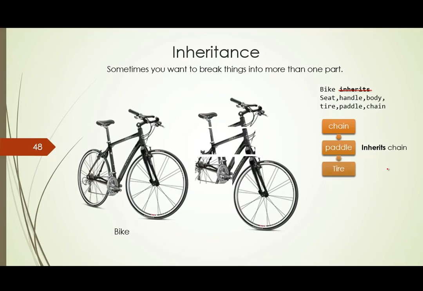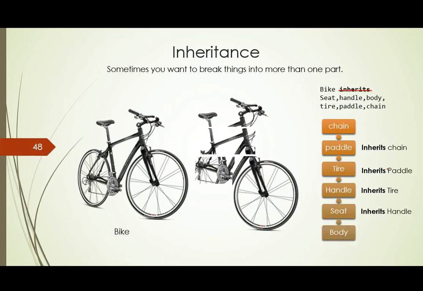Then we have the tire class, which inherits the pedal class, and then the handle class, which inherits the tire class, and the seat class inherits the handle class, and the body inherits the seat, and the bike inherits the body, and so on. That's how we get the cycle.